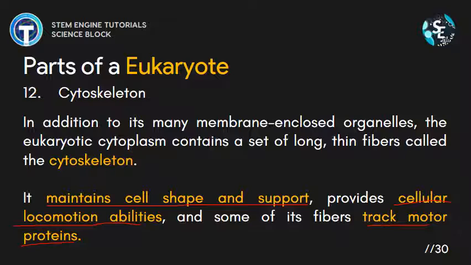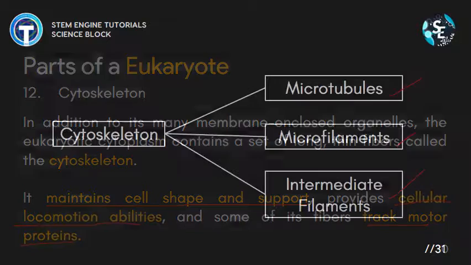So typically, the cytoskeleton is linked with the extracellular matrix, which is used for a variety of purposes such as cell-to-cell recognition and signal transduction pathways. So yun yung mga purposes ni cytoskeleton.